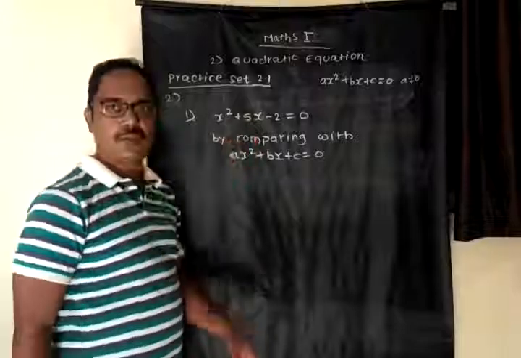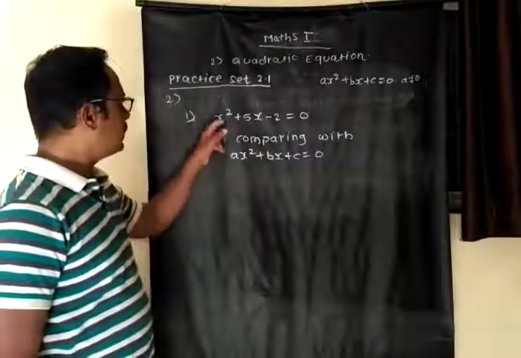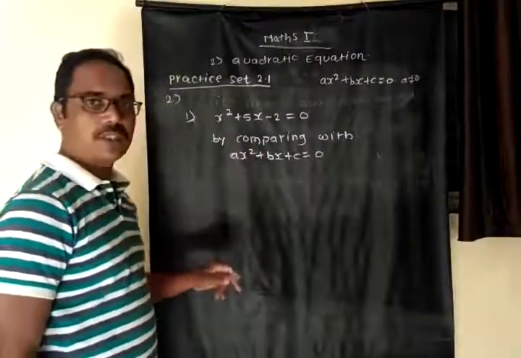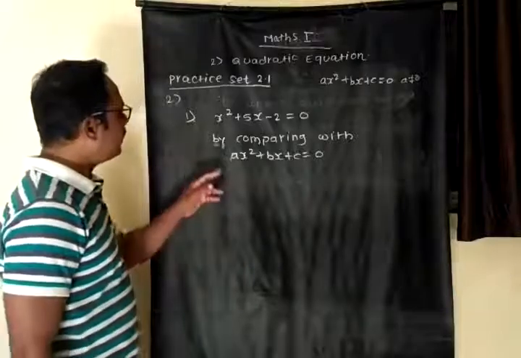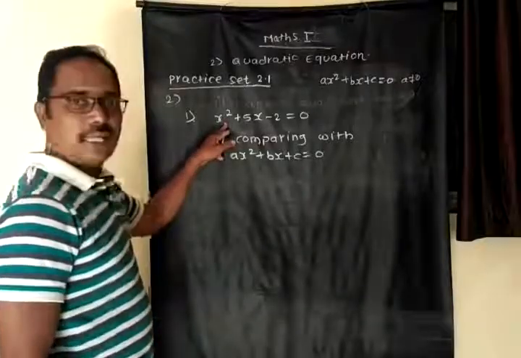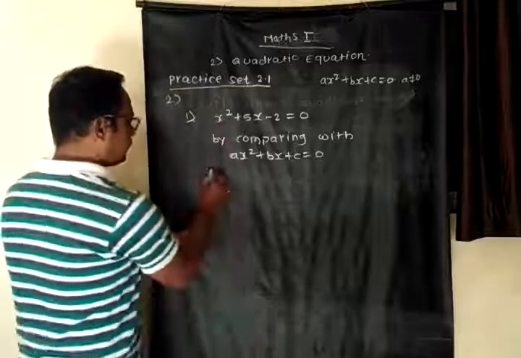So by comparing these two equations, the given equation and the standard form of a quadratic equation, we find that the given equation has only one variable, that is x.